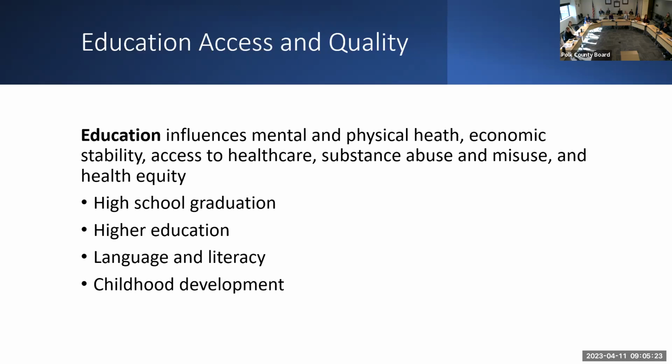And a lot of these tie together as well. So a person's level of education may influence their economic stability. It may influence the quality of care that they receive if their health literacy isn't quite as high as someone with a higher level of education.